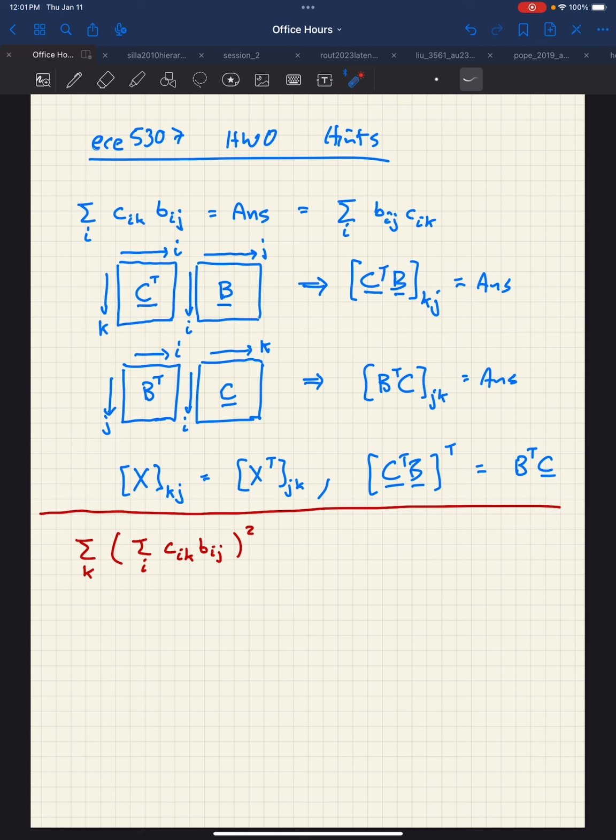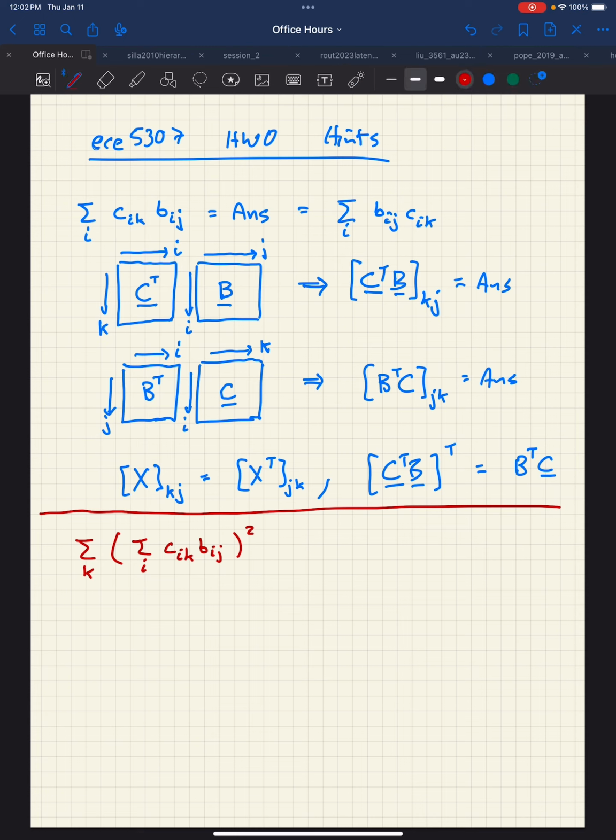We have already deduced that this quantity can be written in a couple of different ways, like this or like this. So let's say I choose one of these arbitrarily. Maybe I'll start with the first one.